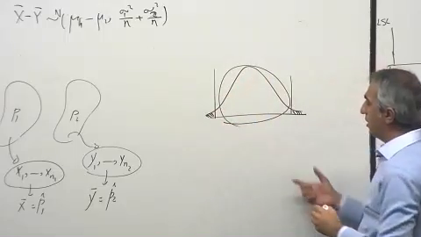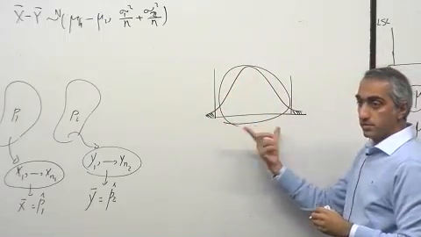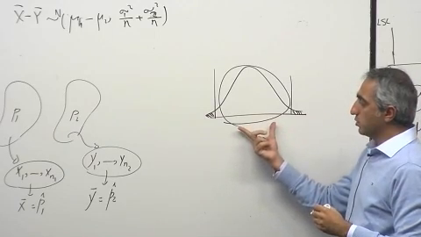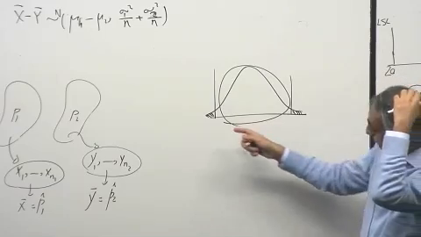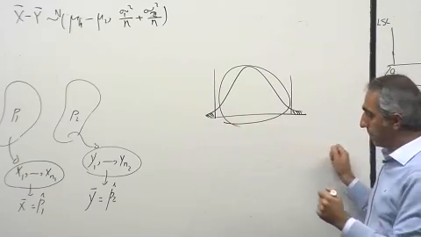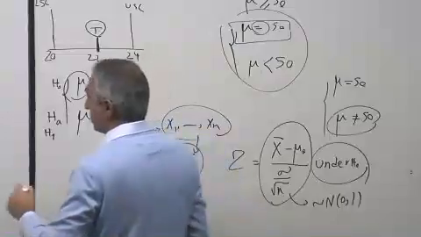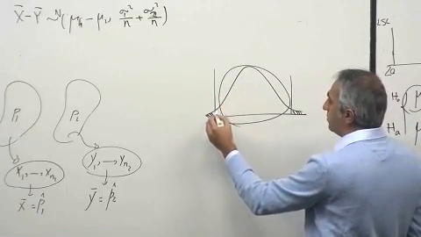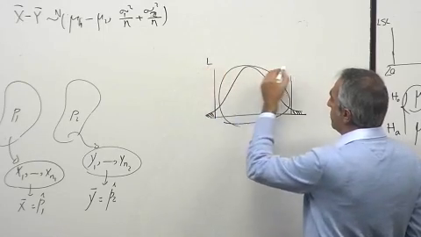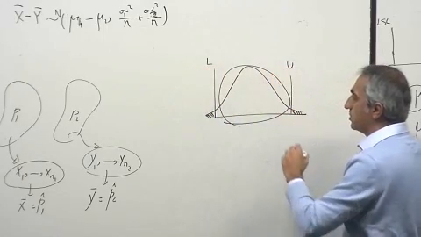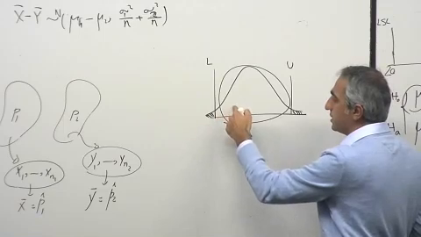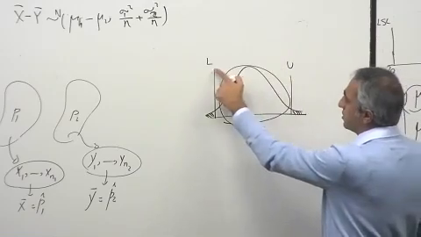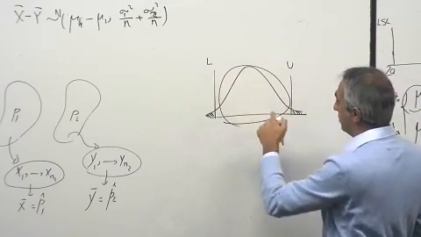I need to find two limits to define the rejection region. Let's say this is the lower limit and upper limit. What is the probability of Z belonging to this interval? I can find it based on the normal distribution, okay?